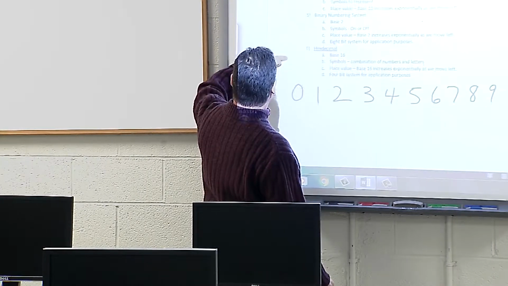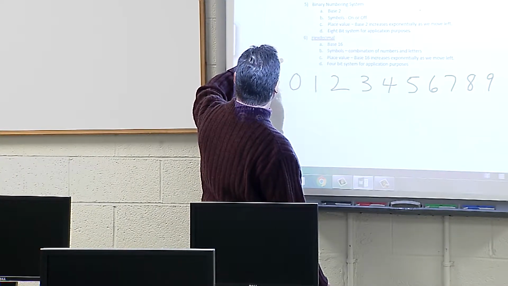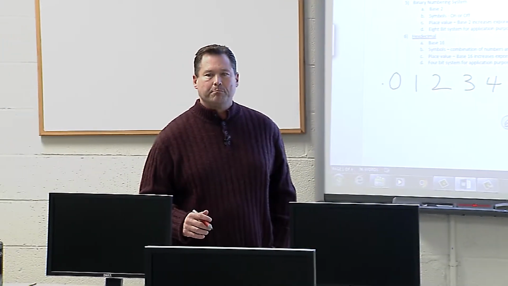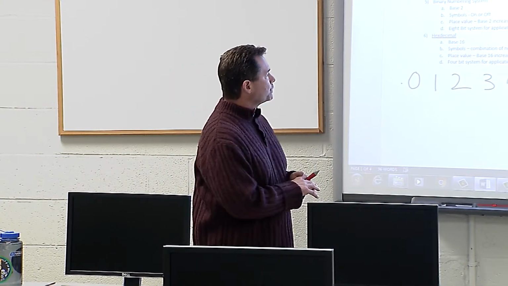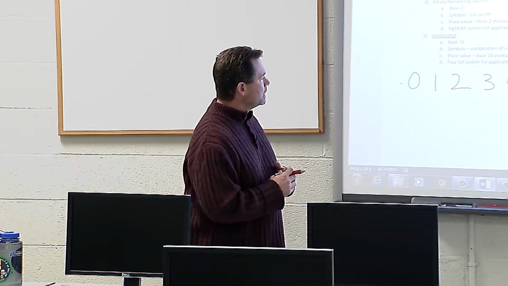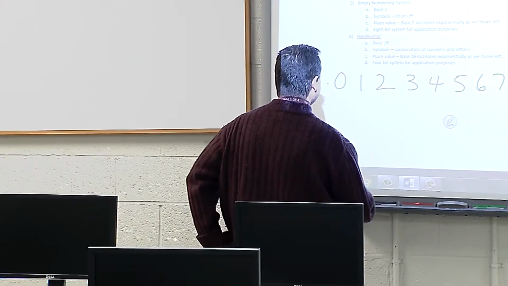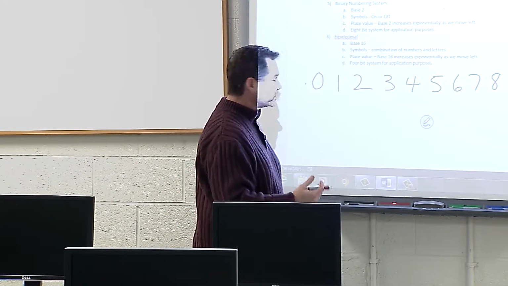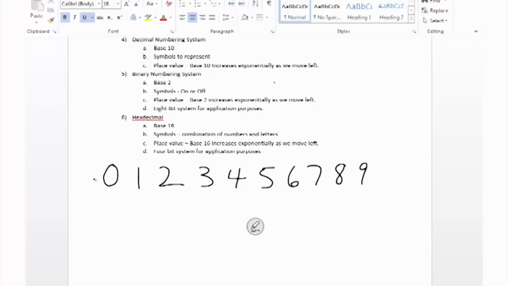So we also want to talk about, before we get into the various numbering systems, this concept of bases. Now we're going to do it with respect to the decimal system just because that's familiar to us. In the decimal numbering system, we have a base 10 system.